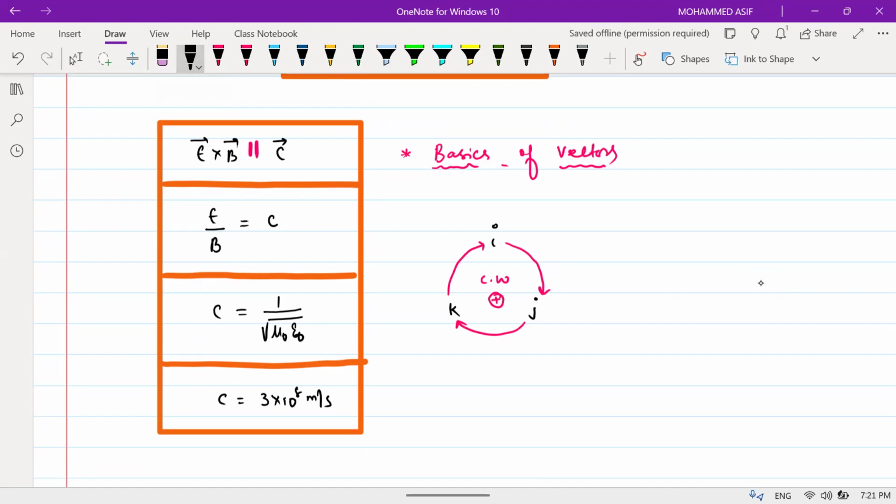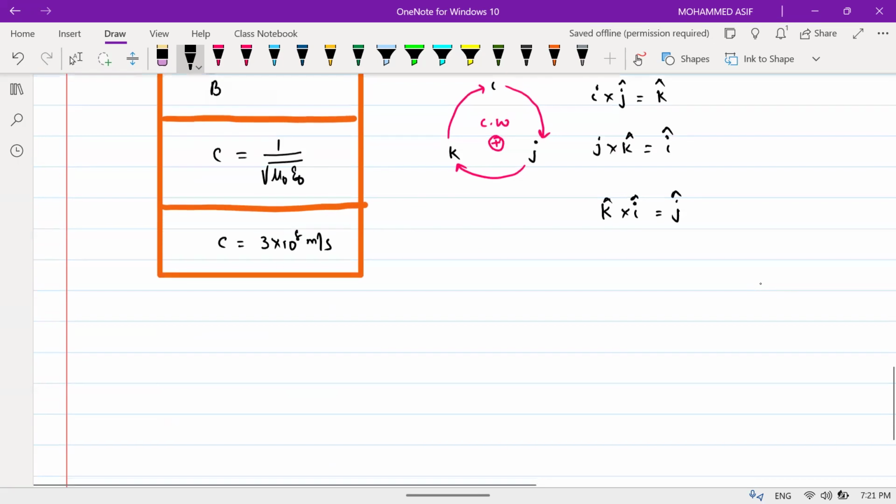Like in this one, if I'm writing I bar cross J bar, it will give me what, beta? Plus K cap. J cap cross K cap will give me what, beta? Plus I cap. And K cap cross I cap will give me what, beta? J cap. Without this knowledge, we can't do the problems of electromagnetic waves. Clear?